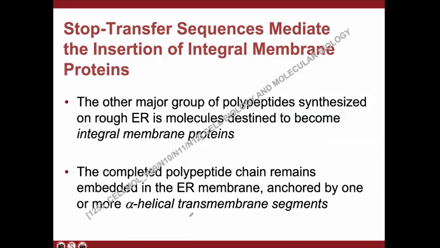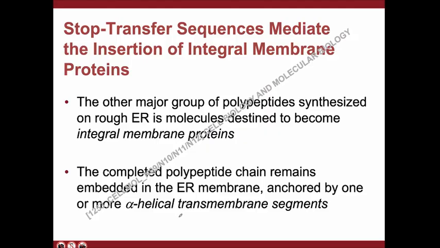So far, we discussed the co-translational import and sorting of your soluble proteins that are destined either for, let's say, secretion outside of the cell, or for the lumen of the endomembrane components. The other major group of polypeptides that are synthesized on your ER-attached ribosomes consists of molecules that are destined to become integral membrane proteins.